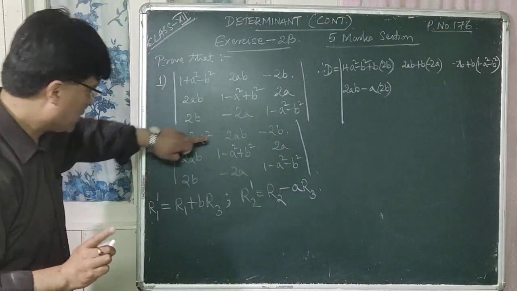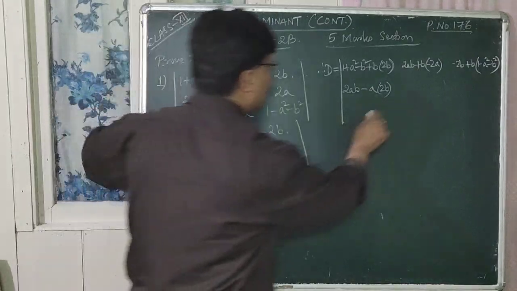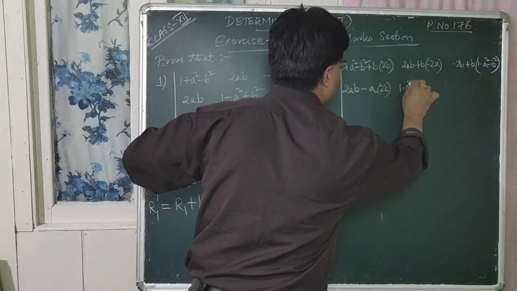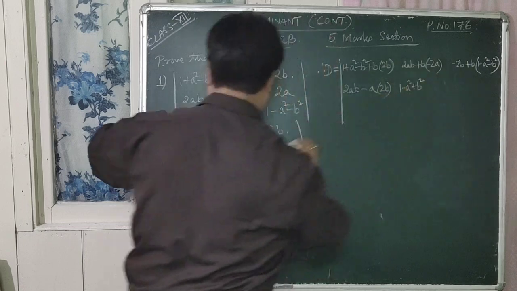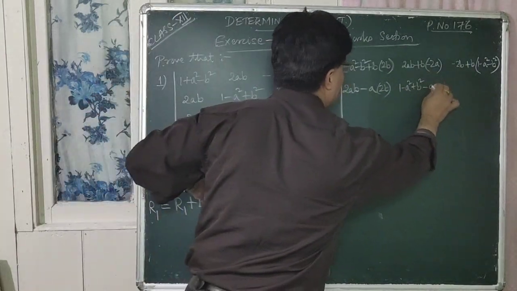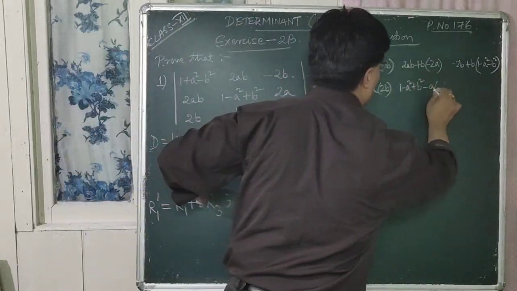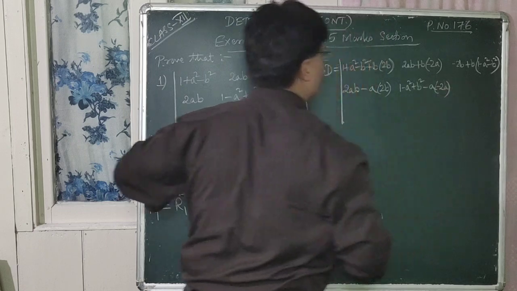Next one, again R2 dash is equal to R2 minus aR3. R2 means 1 minus a square plus b square, right? This is your R2 minus a into what is R3? Minus 2a. This is minus 2a, right?